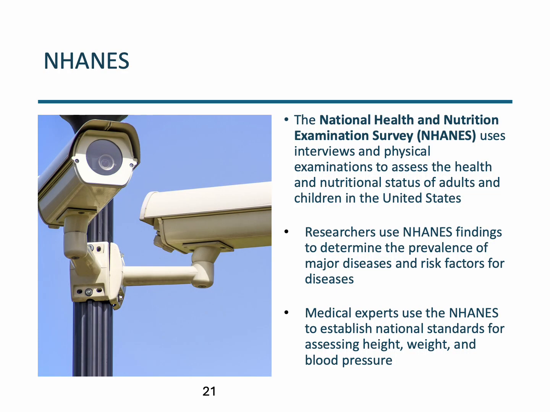One of the most important epidemiological studies in the country is the ongoing effort of the National Health and Nutrition Examination Survey, or as it's often called in shorthand in the nutrition field, NHANES.